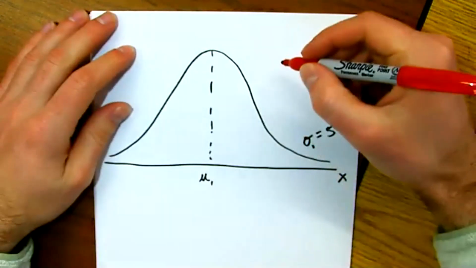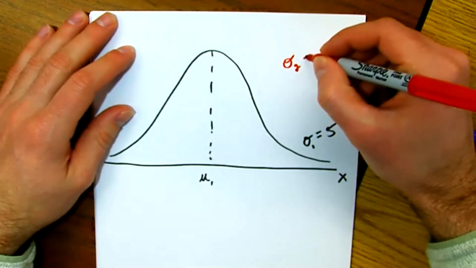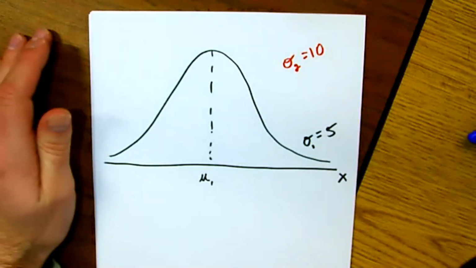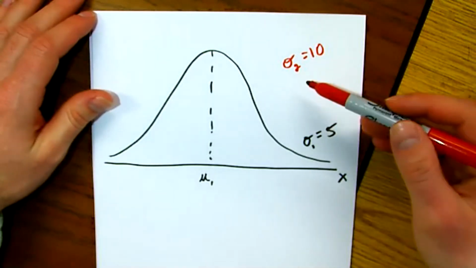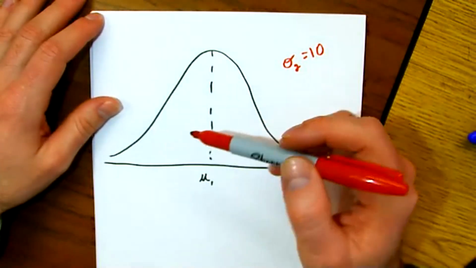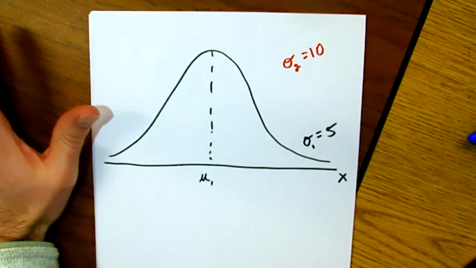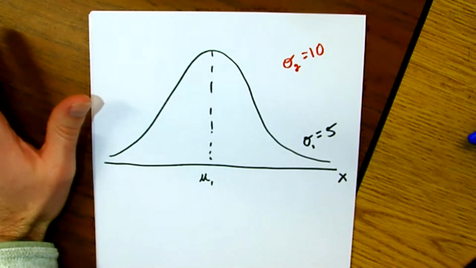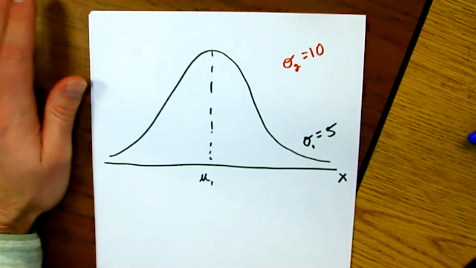If we then look at a different month's rainfall, and here I wrote this as the standard deviation, it doesn't matter if we're thinking about variance or standard deviation, since one is just the other scaled. If that month's distribution has a higher variance or higher standard deviation, what it's telling us is that the data is more dispersed. It's less likely for us to see something near the mean and more likely to see something further from the mean.